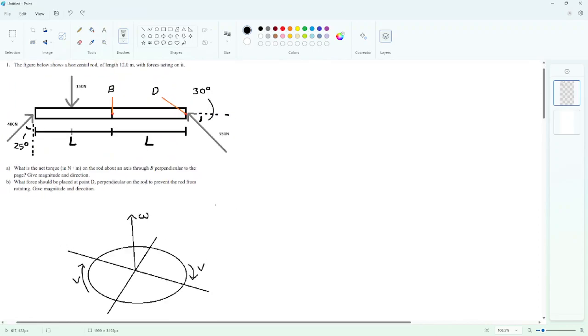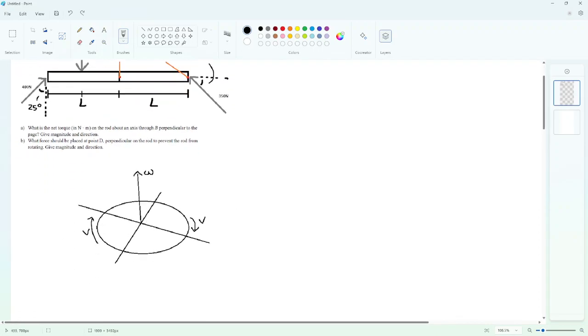Another thing I want you to note is that when omega is positive, it'll be going upwards. It'll be spinning not this way, but actually the opposite way.